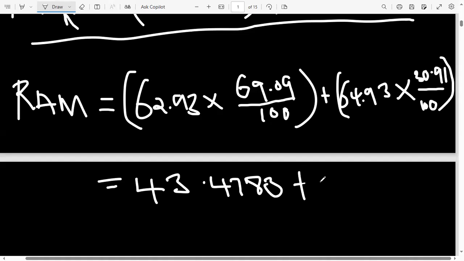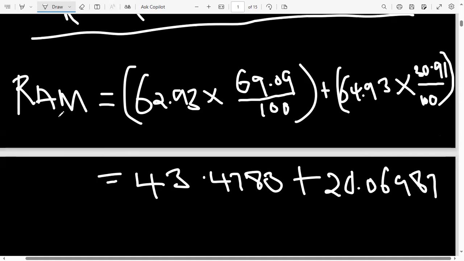I'm finding 43.4783, and then plus, let's multiply this side here. I have 64.93, and then multiplied by 30.91 divided by 100. So here on the other side, I'm getting 20.0698 and then 7.